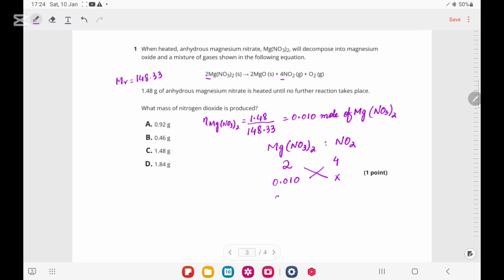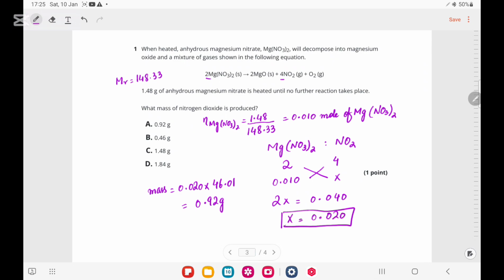So they are cross multiplied and become 2x is equal to 0.040 and x comes out to be 0.020. So these are the moles of NO2, and in order to find the mass, which is equal to mole times molar mass, 0.020 times molar mass, which is 46.01, and that comes out to be 0.92 grams. Answer is A.